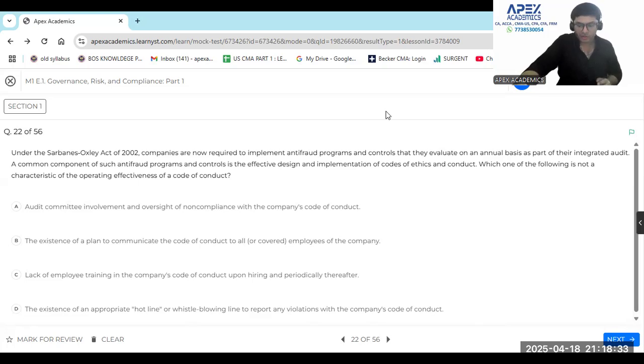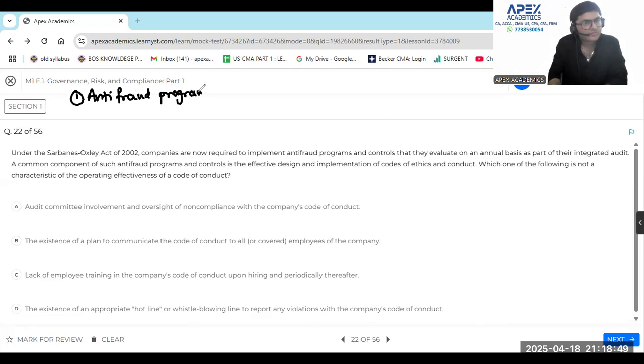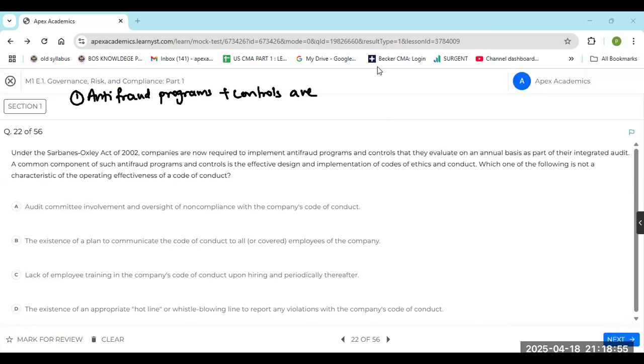So what is the first point that I am writing over here? Please pay attention. The first point is: anti-fraud programs and controls are required under SOX.